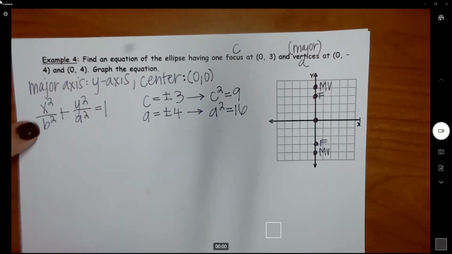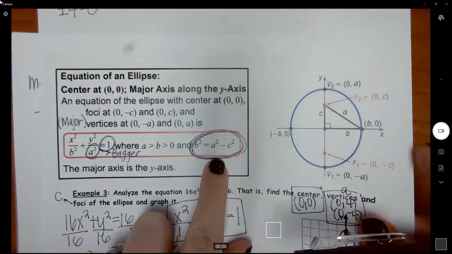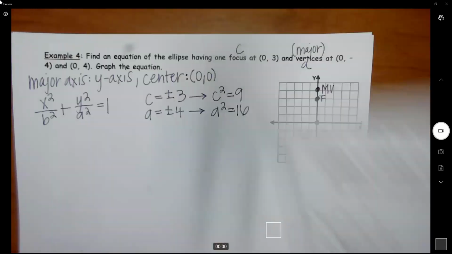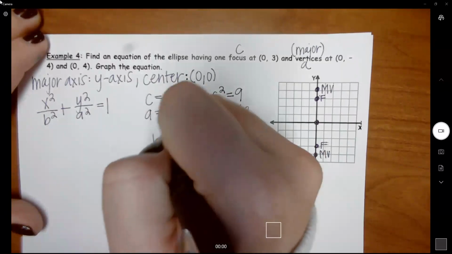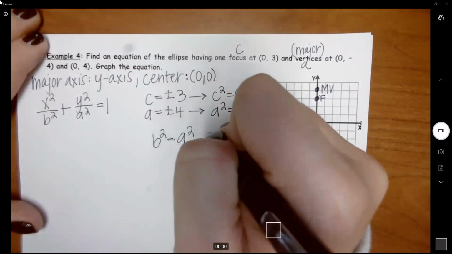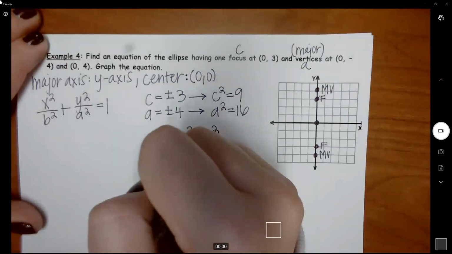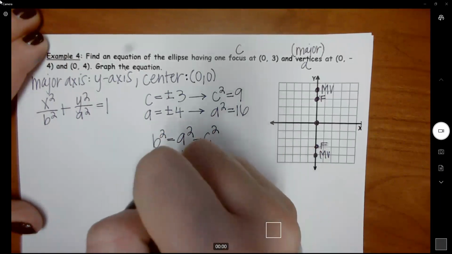So I do know A squared. What I have no information on is my B. So let's find B by using our formula of B squared equals A squared minus C squared. So B squared equals 16 minus 9.